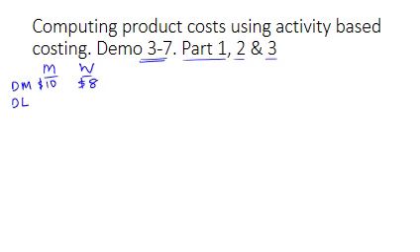The direct labor cost per unit is $3 for M and the direct labor cost for W is $3.75.